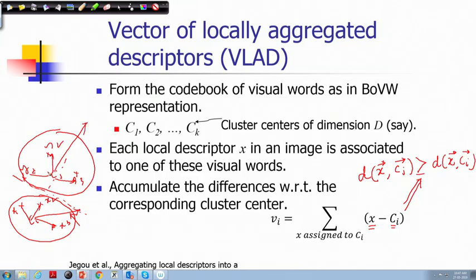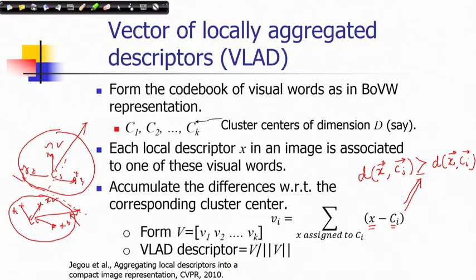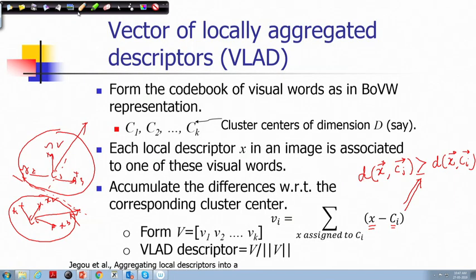That is what your feature descriptor Vi is: accumulate the differences with respect to the corresponding cluster center. You are basically concatenating all these descriptors. The dimension is quite large, as you can see. If Ci has dimension D, the dimension of Vi would also be D, because the dimension is the same as the dimension of x.